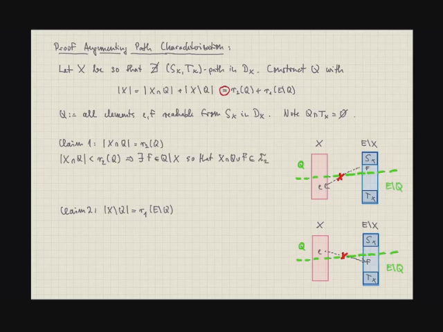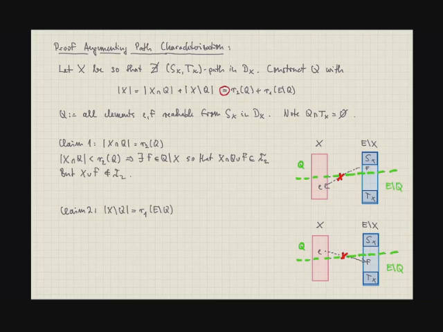In this picture that is this element F up here. So it's contained in Q but not in X. And I claim that if I add this element F to X itself, this is not going to be independent with respect to matroid number 2.